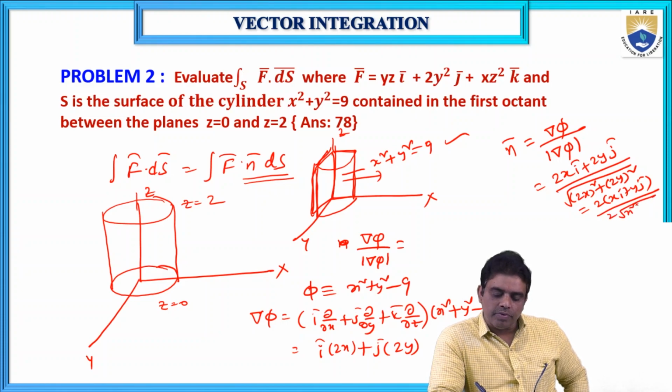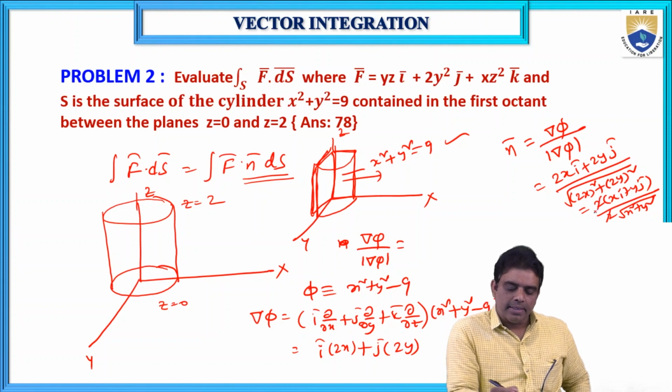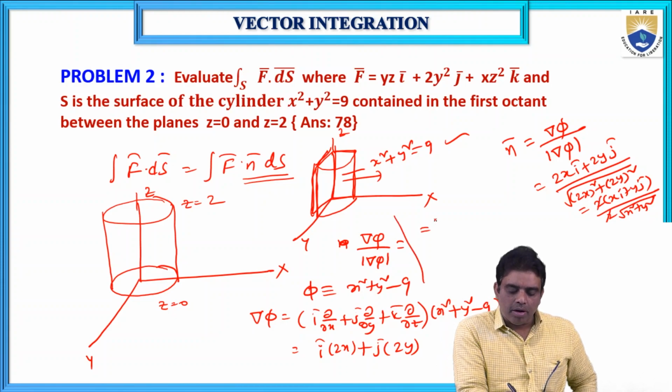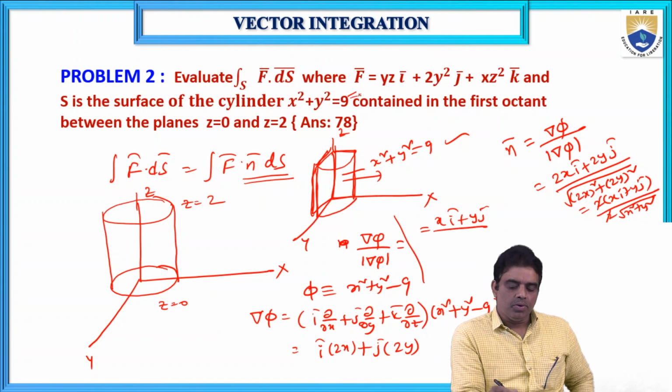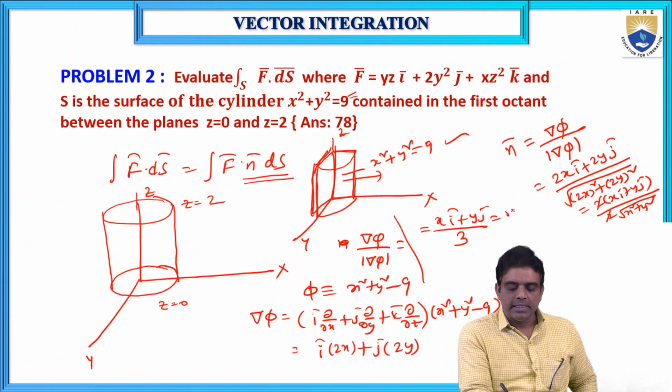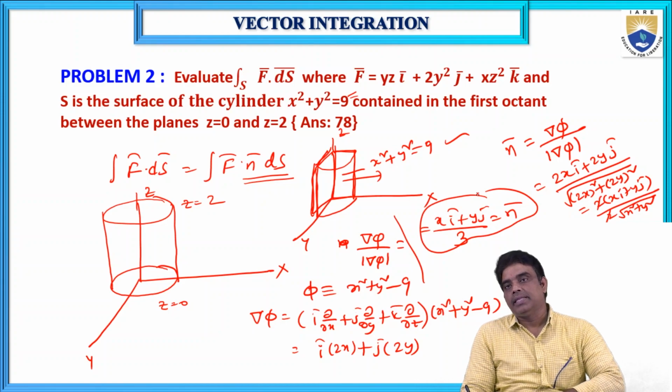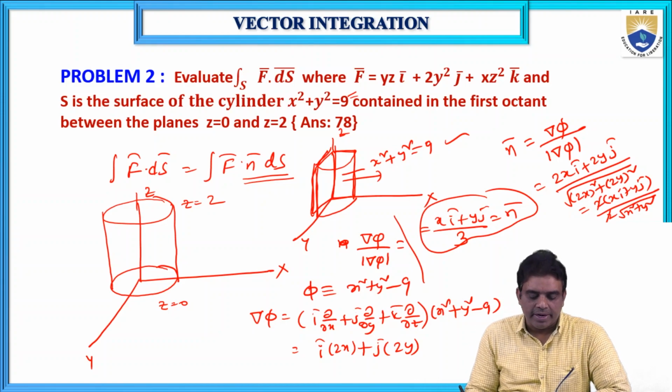Under the square root we have x square plus y square, which is root 9, that is 3. So n bar is x i bar plus y j bar by 3. That is the unit outward normal vector.